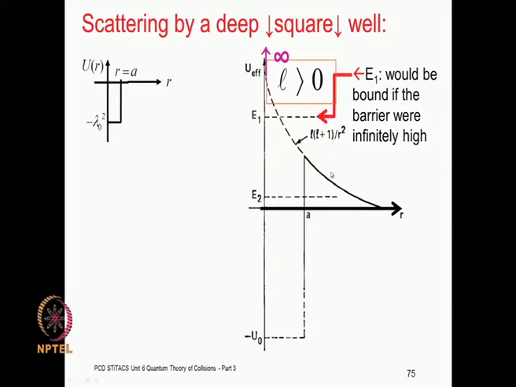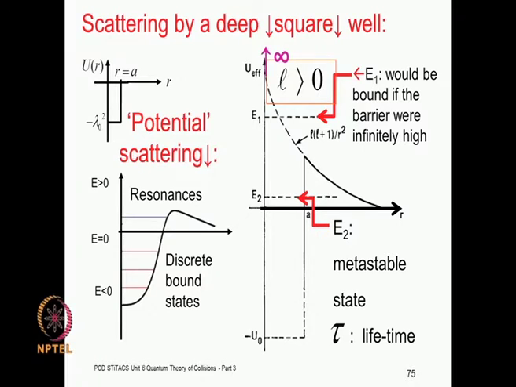So, here is a resonance phenomenon which is induced by the shape of the potential, which is why these resonances or metastable states are called shape resonances. Okay? So, this is a metastable state, it will have a certain lifetime, because it has the possibility of being bound, but it also has the possibility of being found in the continuum.